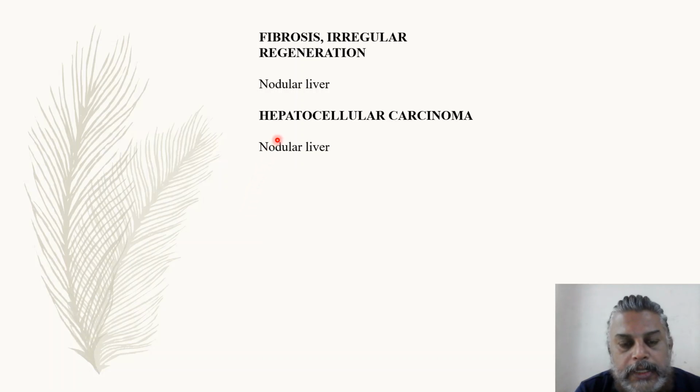In the later stage, when the liver disease is advanced, because of fibrosis and irregular regeneration, we will have nodular livers, that is usually cirrhotic disease, and in the later course of time it may turn to hepatocellular carcinoma also.